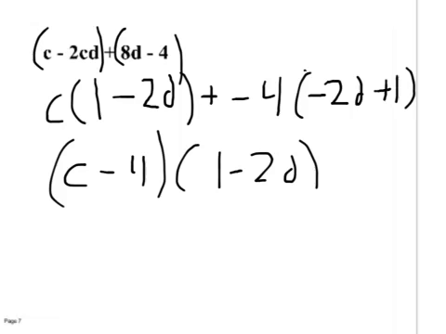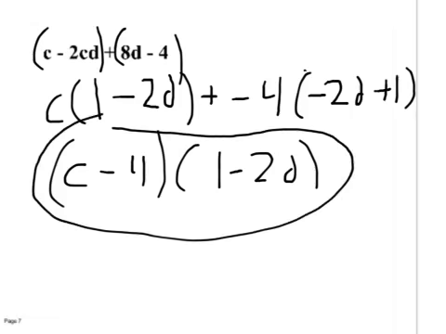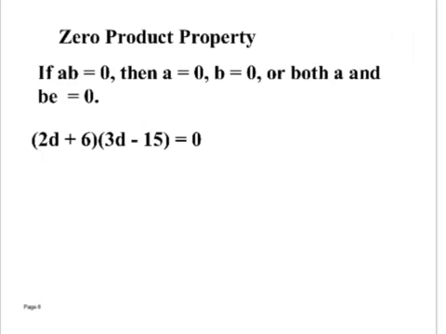There's your answer. I always mess up on the end result part. You just combine. Zero product property. It says if A times B equals 0, then you have 3 different cases that could be true: A equals 0, B equals 0, or both A and B are 0.